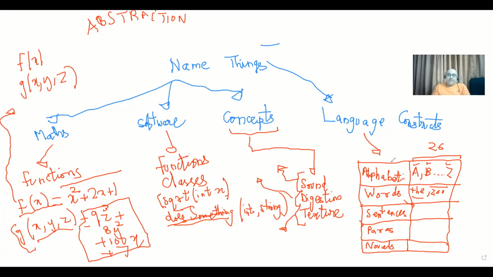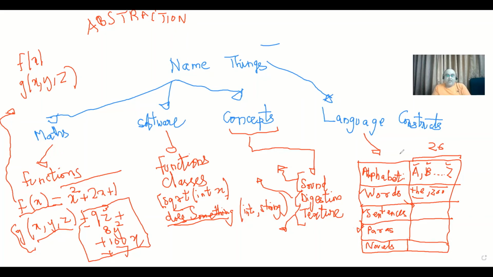So an alphabet, at a tier, is an abstraction. So is word. So are sentences. So are paragraphs. So are higher degrees of human language constructs, human language artifacts like novels and dramas and poetry, etc., etc.